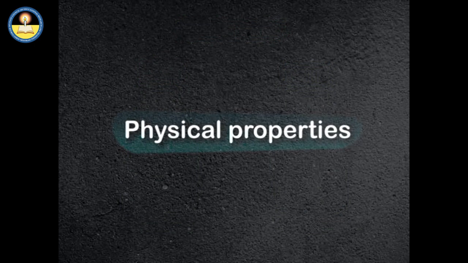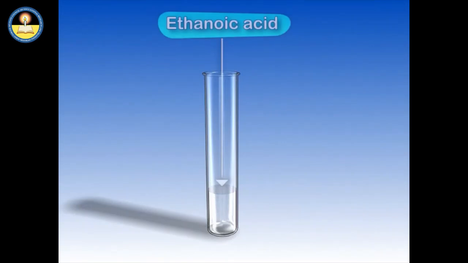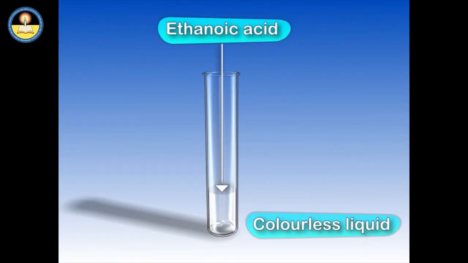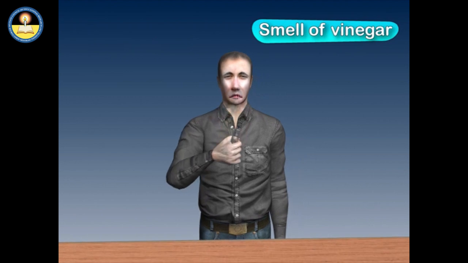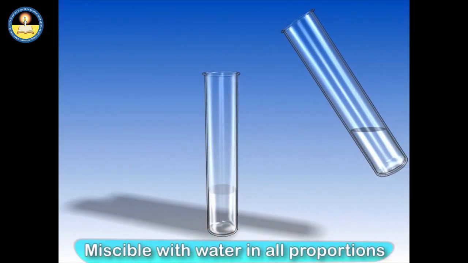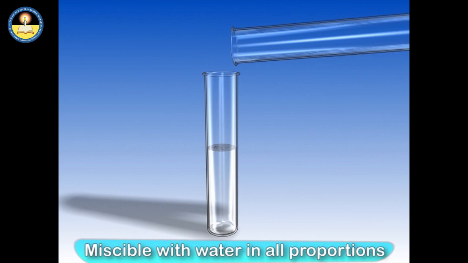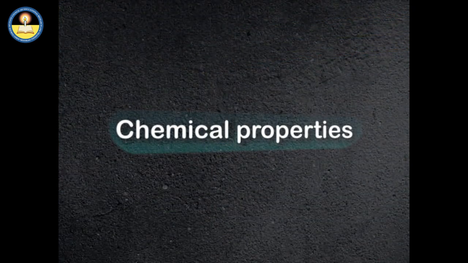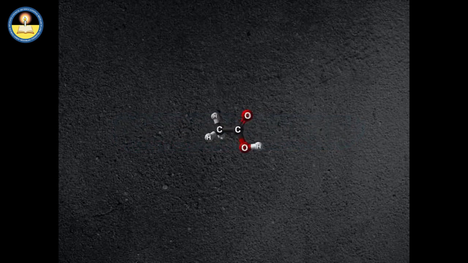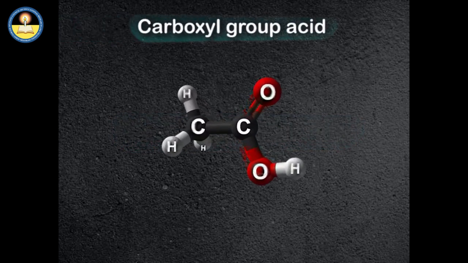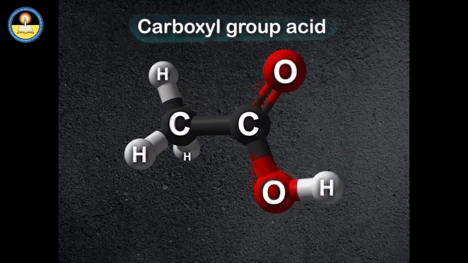Physical properties. Ethanoic acid is a colorless liquid with sour taste and smell of vinegar. It is miscible with water in all proportions. Chemical properties. The chemical properties of carboxylic acids are mainly because of the COOH group.